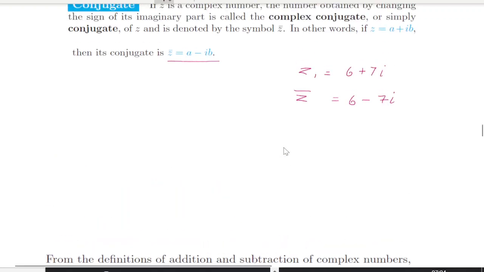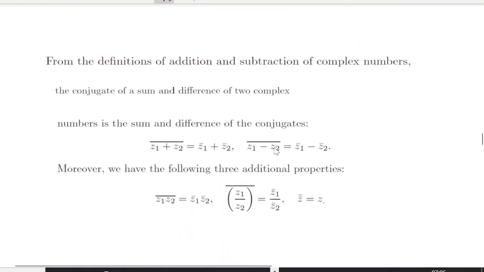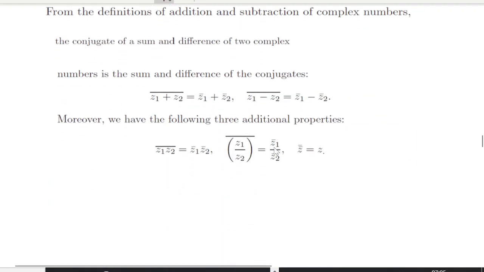So we can discuss some properties of this conjugate. First property is the conjugate of z1 plus z2 is the same as z1 conjugate plus z2 conjugate, and in the same way for the difference also.